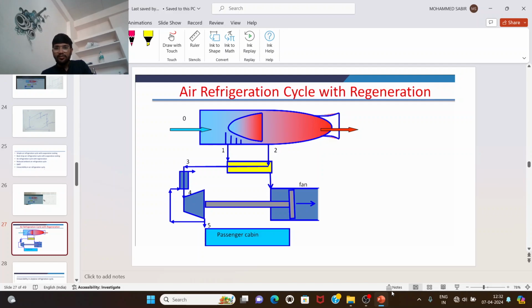Heat flows from high temperature to low temperature by this principle, so the air at state 3 delivers energy to the air at state 5.